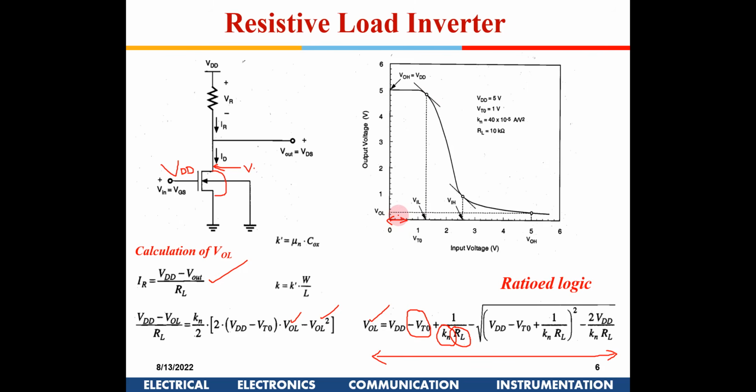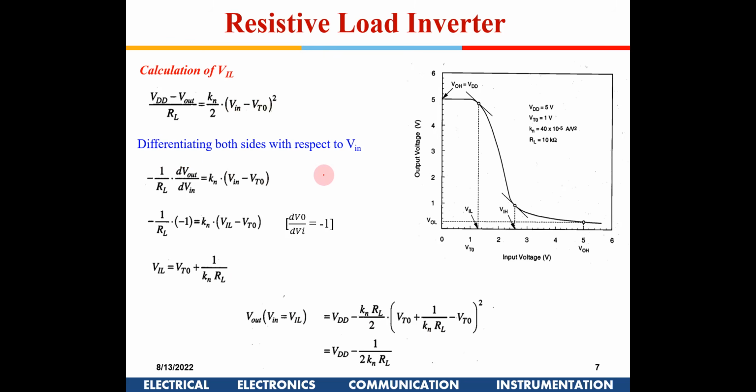But if you already have this much static noise available, then when you are giving the input signal, only after the input comes up to this much will the output start. So if you have a constant noise already available, your noise margin has reduced. The available noise margin has reduced.